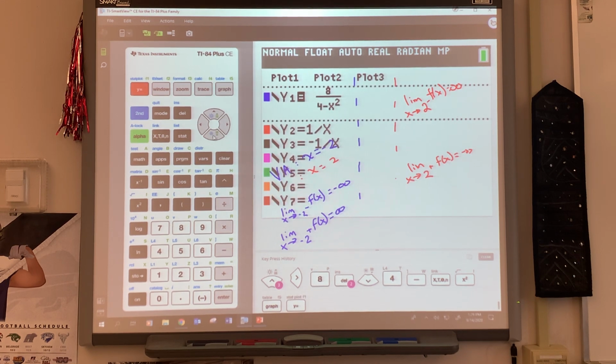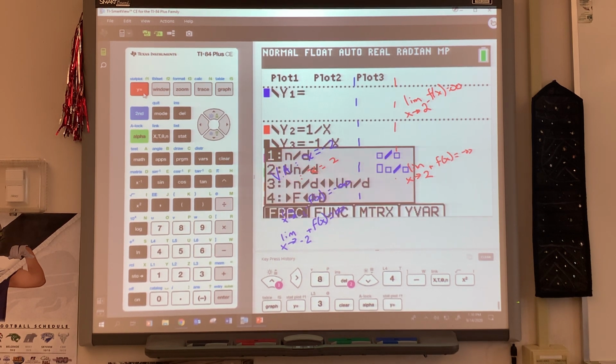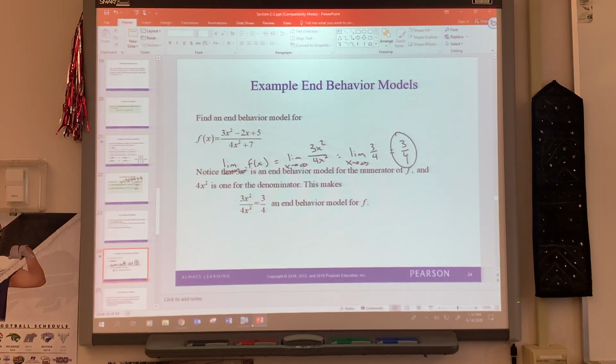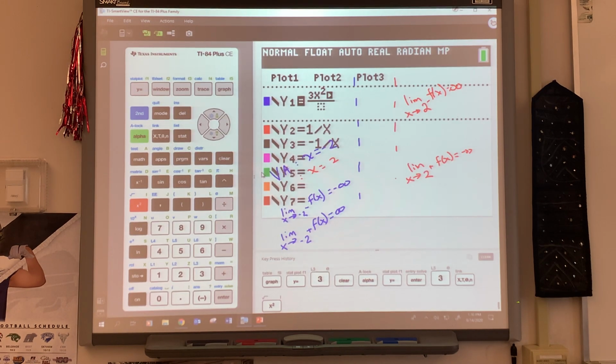Y equals, we've got 3x squared minus 2x plus 5, divided by 4x squared plus 7.